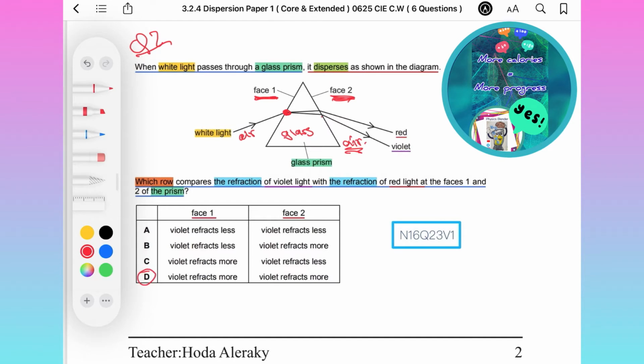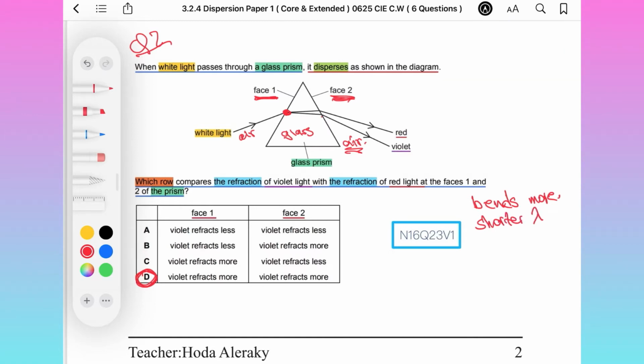So the answer is D, and we will discuss later in another question why the violet is refracting more. Refracts means it bends more, and it has shorter wavelength, and we will discuss it later on.